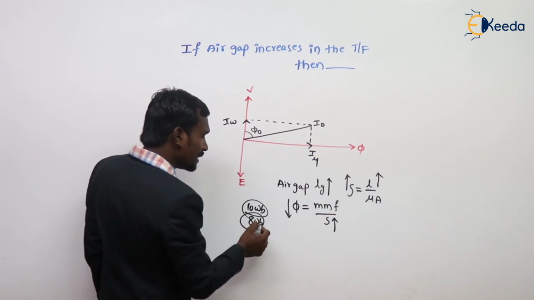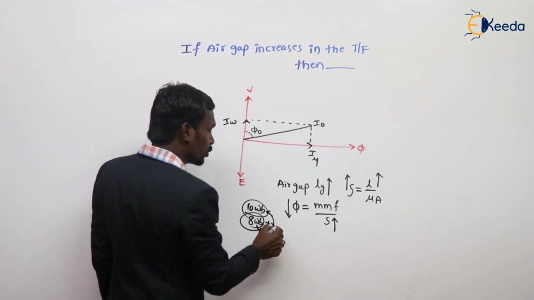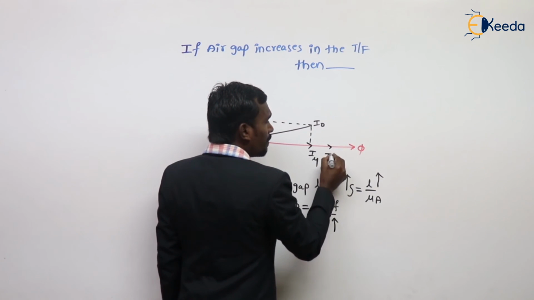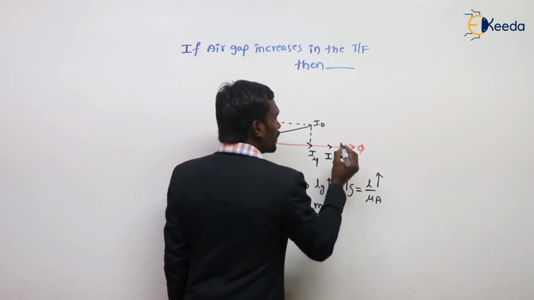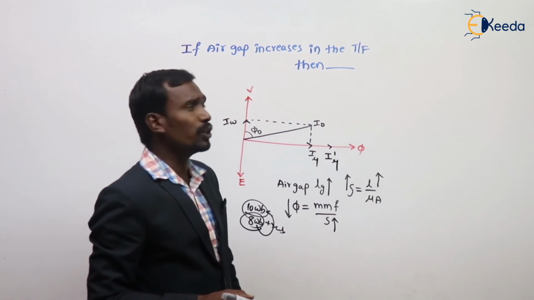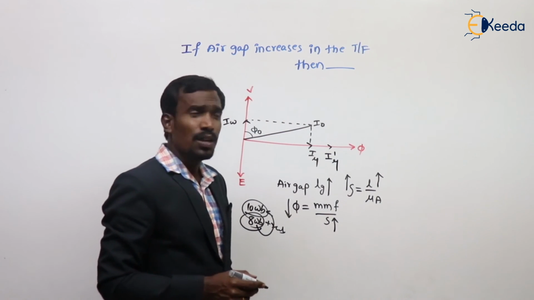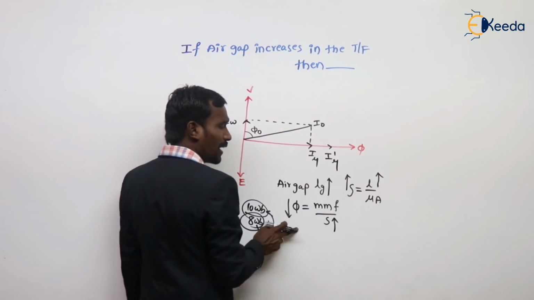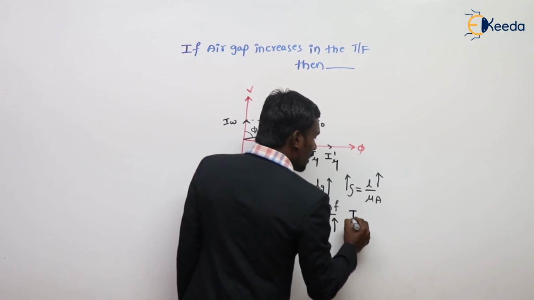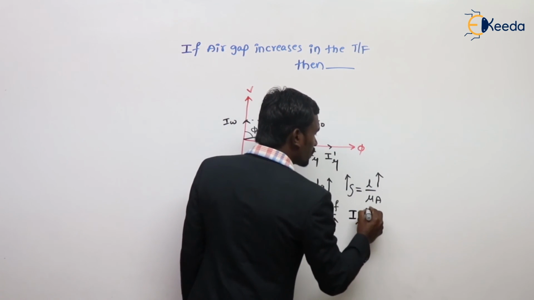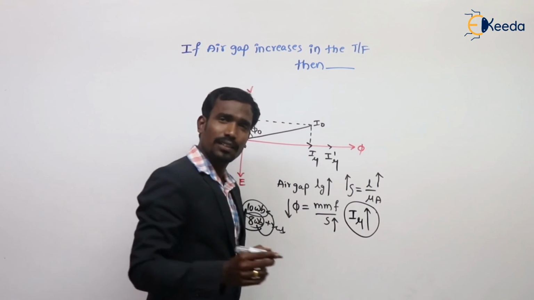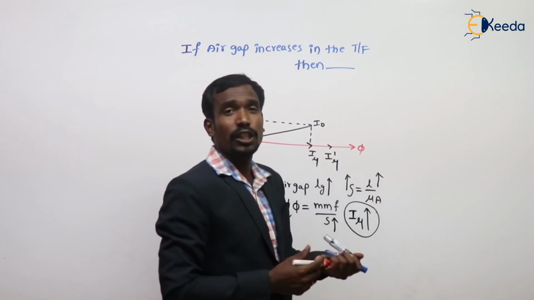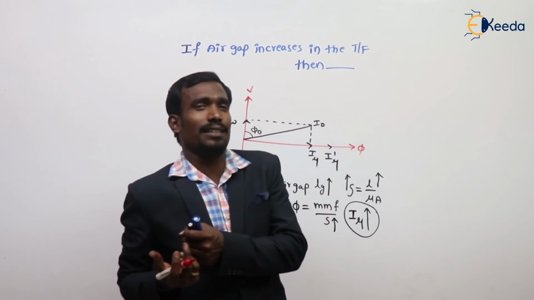So to compensate from 8 Webers to 10 Webers, the transformer draws the extra magnetizing current. So when air gap increases, reluctance increases. When reluctance increases, flux reduces. Then the electrical machine draws more magnetizing current. First important point: when air gap increases, the machine draws more magnetizing current.